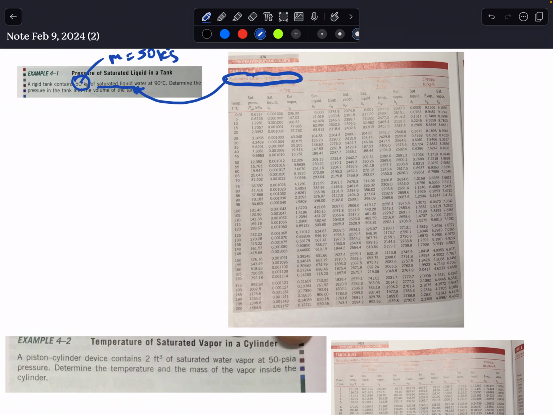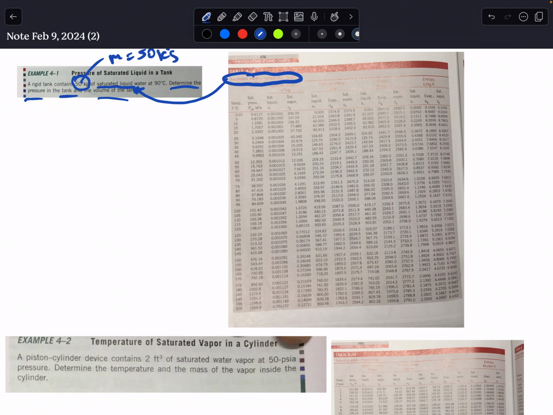That's how you are able to tell the kind of property table. So I know the property I'm looking at is a property of saturated liquid water. So you look at the property table for saturated liquid water. We have to determine the pressure in the tank and the volume of the tank.